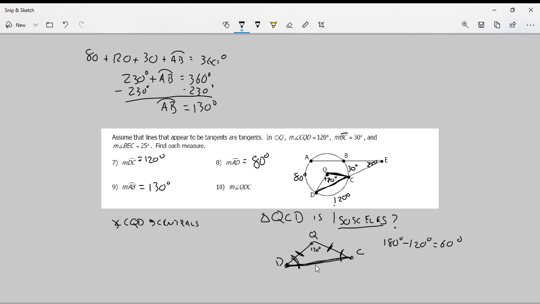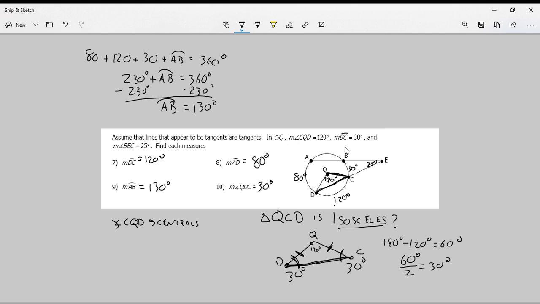So these two angles add up to 60 degrees. If they've got to be the same, let's divide that by 2, and we'll find there's 30 degrees in each one of them. So there's 30 degrees in angle C and 30 degrees in angle D. Angle QCD in this case is going to be 30 degrees.